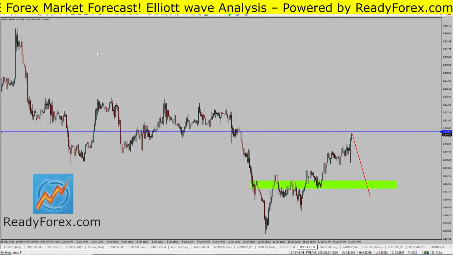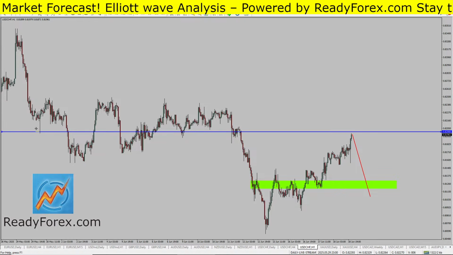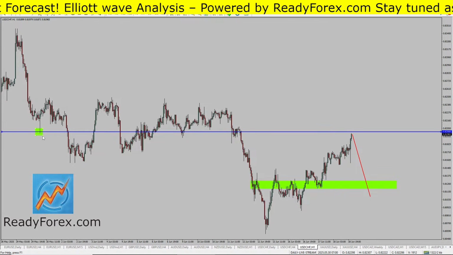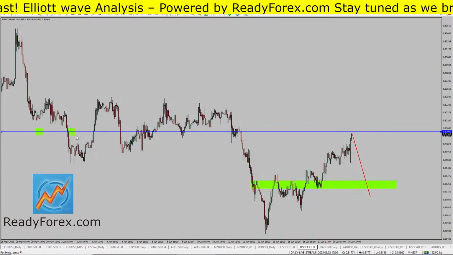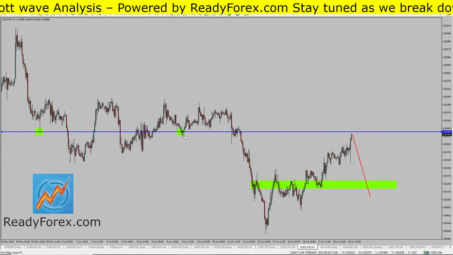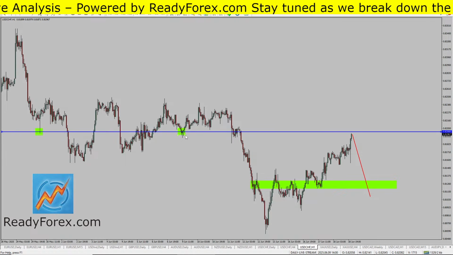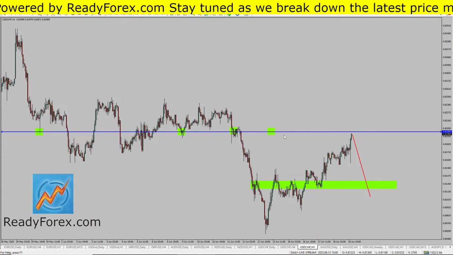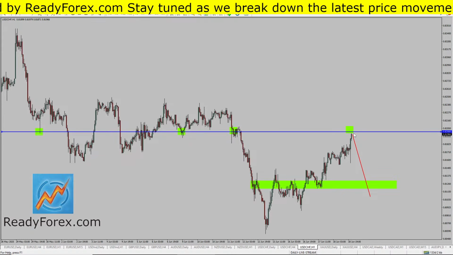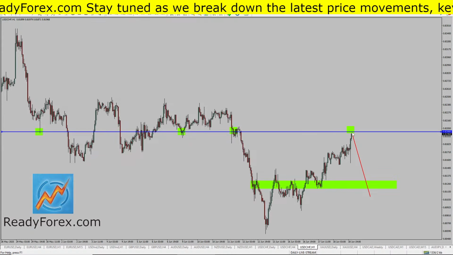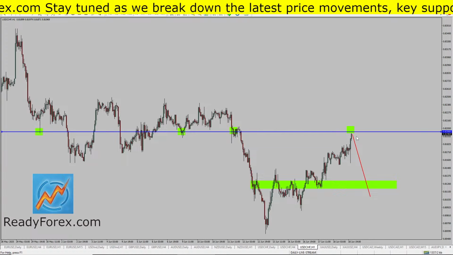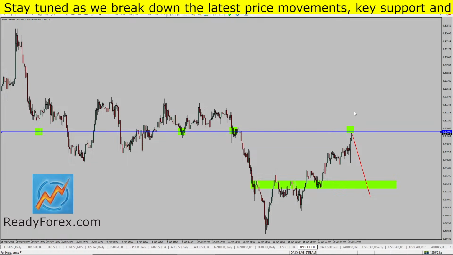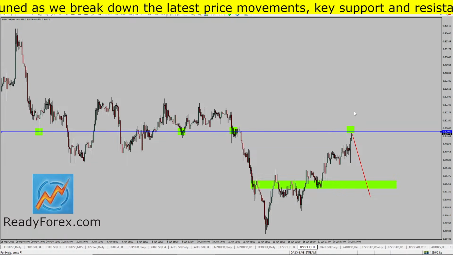Okay. And this is not a coincidence. What I'm showing you over here, it is something that market find support and resistance at or around these areas. So it's quite possible that market is going to retest this level. It's going to fall down, or if it closes higher, then obviously it's going to rise up even further.